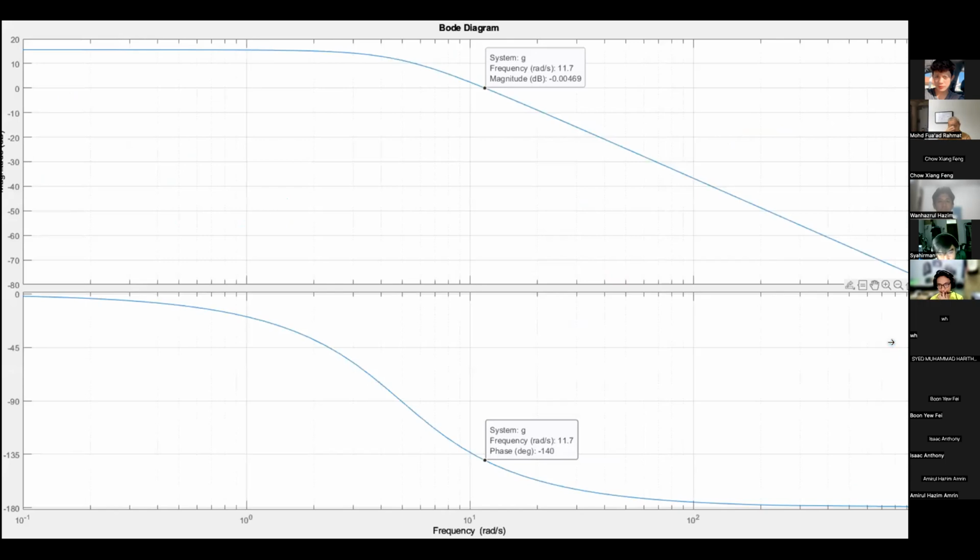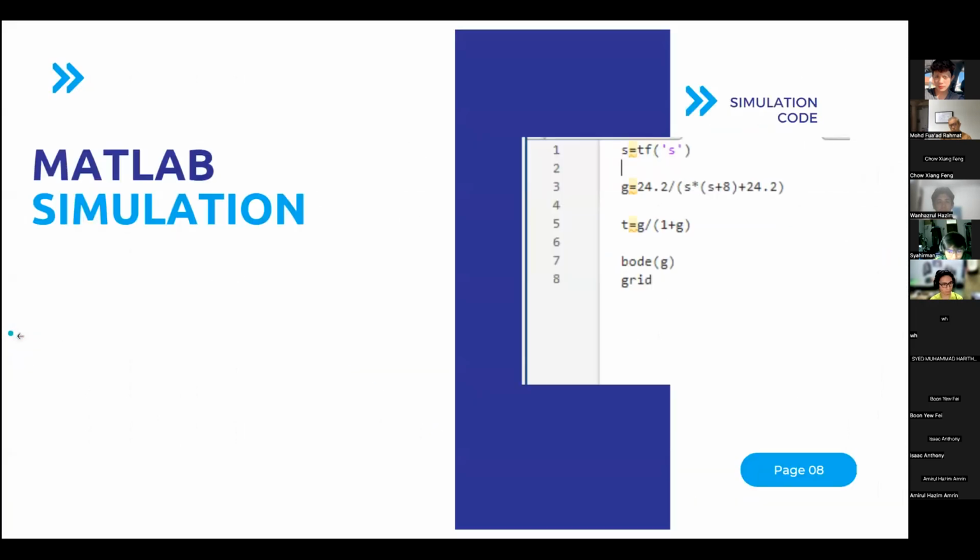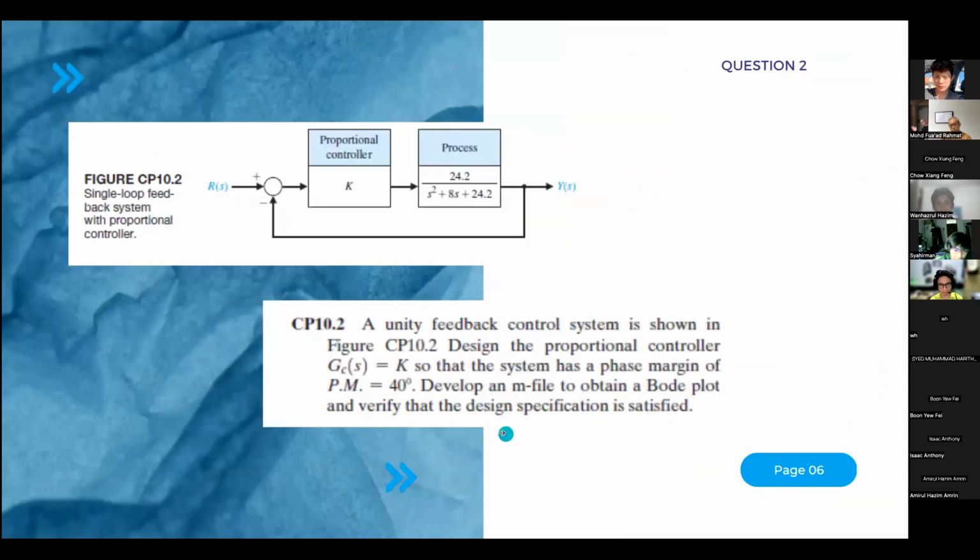That is the open and closed loop, and this is the graph that we got after we put in the new value of K. We can see here that the phase is negative 140, which means the phase margin is 40 degrees, so it meets the requirement for the question.